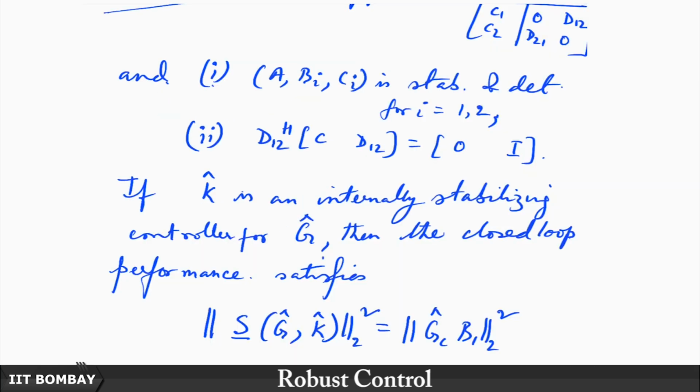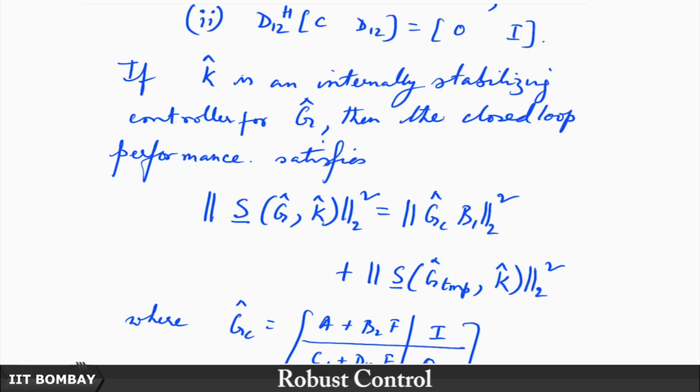Now, we are trying to formulate a condition when we will be able to get an internally stabilizing controller for such a plant in the form of this K hat. Furthermore, this K hat will also meet a certain performance metric in the sense that the norm that we are trying to minimize, that is the star product. So, what is this S bar? Remember again 2 or 3 lectures back we discussed it.